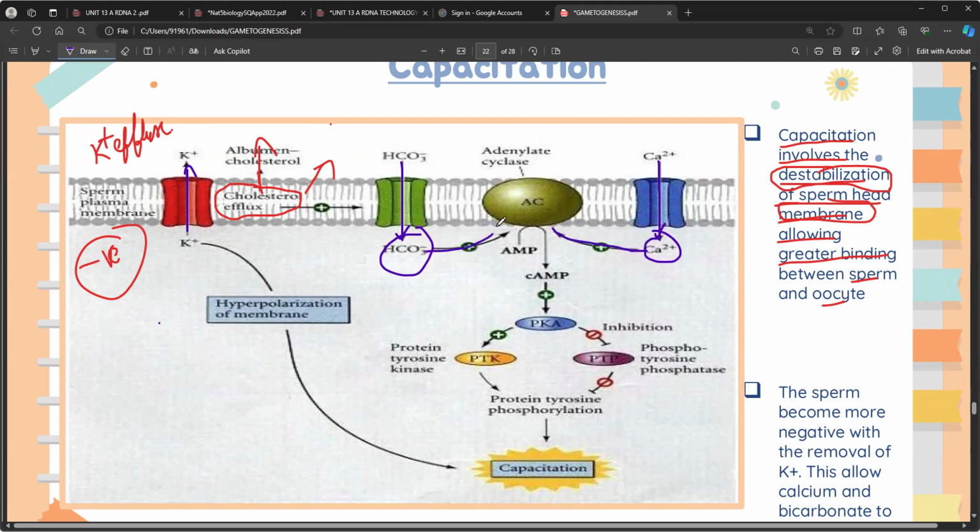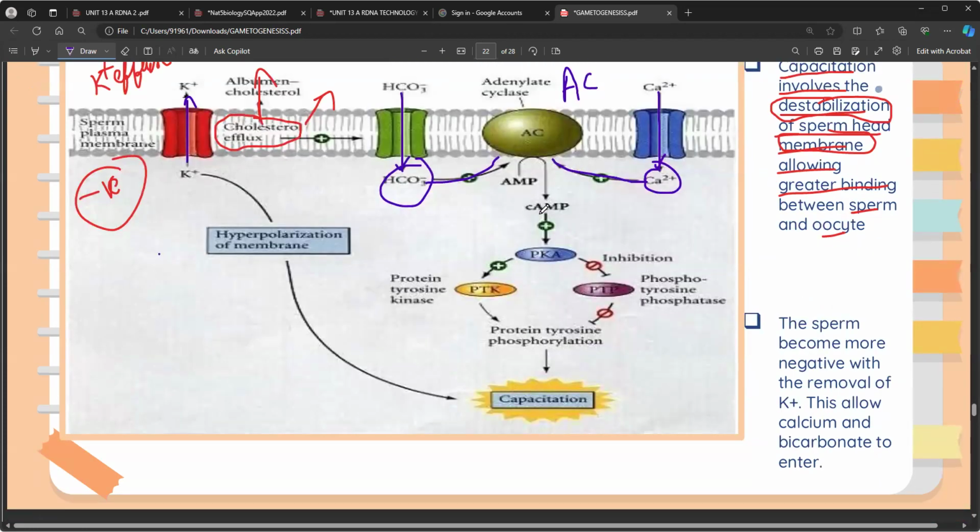Calcium and bicarbonate activate an important effector molecule, don't get confused, which is called adenylyl cyclase. You got the point. Now, friends, what is this adenylyl cyclase going to do? You know very well. Adenylyl cyclase converts ATP finally into cyclic AMP.